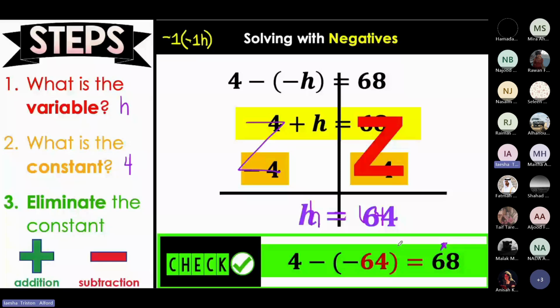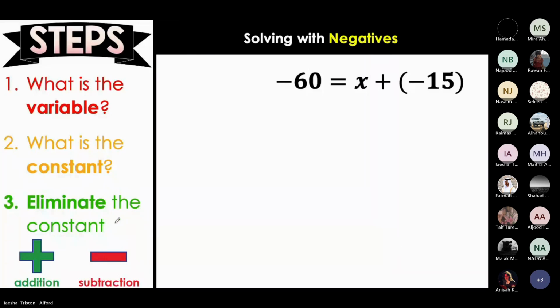What's your problem? Parentheses. We have parentheses. How do we make them go? Bye-bye, multiply x by -15. Multiply, right? So what number do we have outside the parentheses?